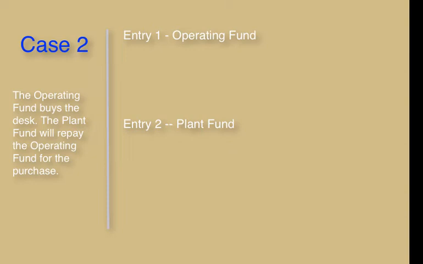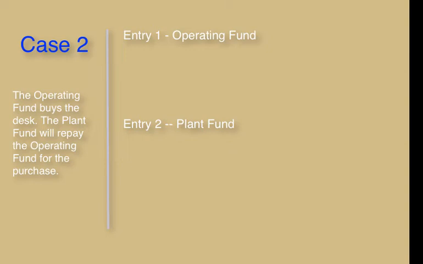So in that case, we needed to transfer on a permanent basis resources from the operating fund over to the plant fund. In case 2, the purchase is still going to be made by the operating fund, but this time the plant fund is expected to repay the operating fund for the purchase.